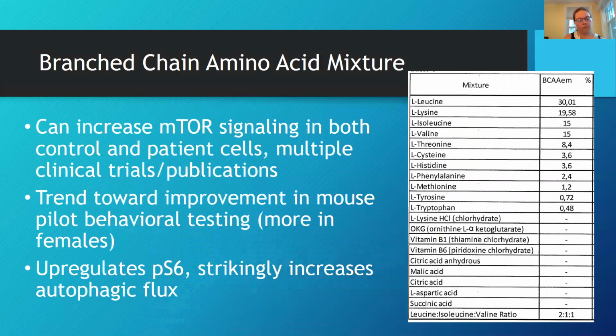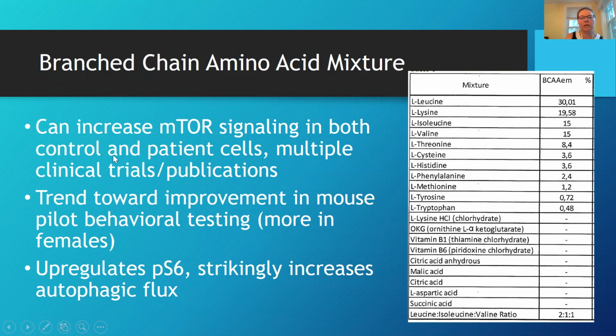After thinking about it and doing more research, we were able to find a branched chain amino acid enriched mixture that is mostly leucine, but has been maximally formulated to stimulate mTOR. And this is the configuration that we have here.